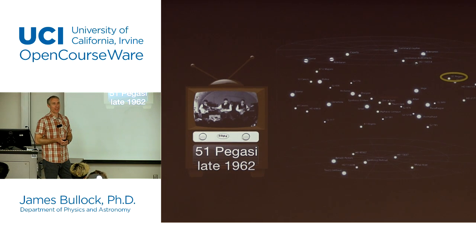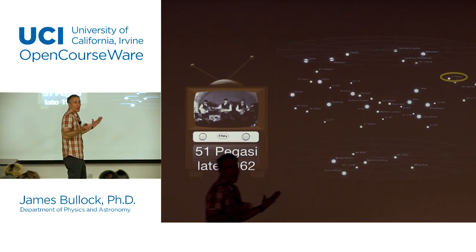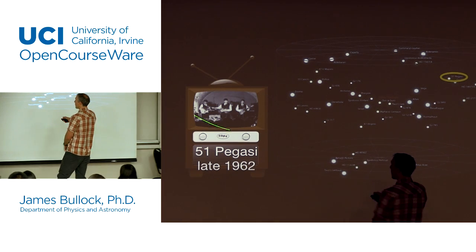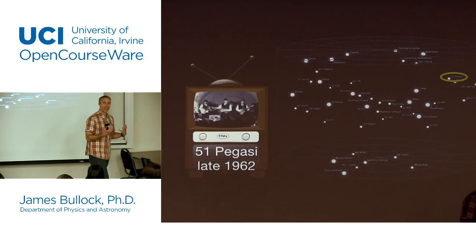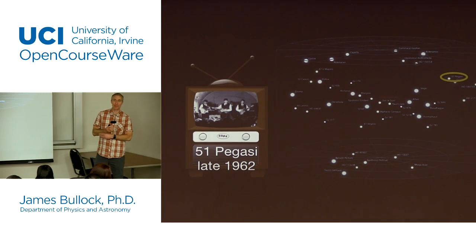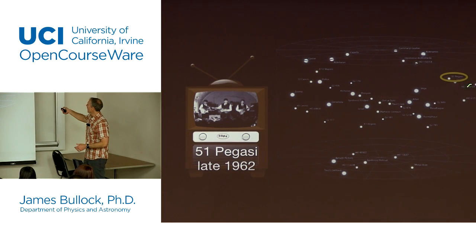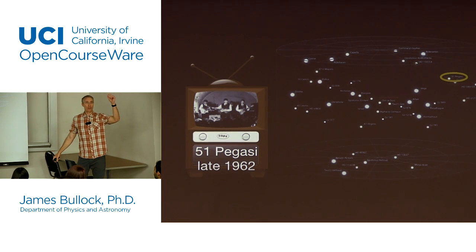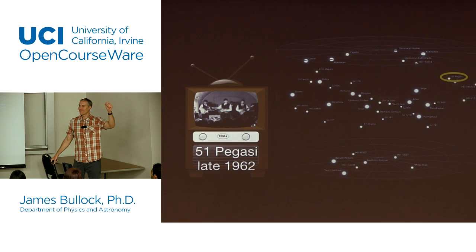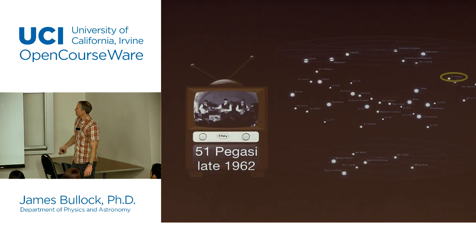So at some level we are sending them information. It's unclear what they would make of it, but they could decipher it in principle, if they were intelligent. By the way, 51 Pegasi is the first star where a planet was detected. We know there's a planet here.